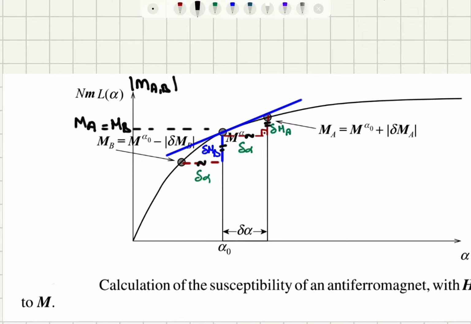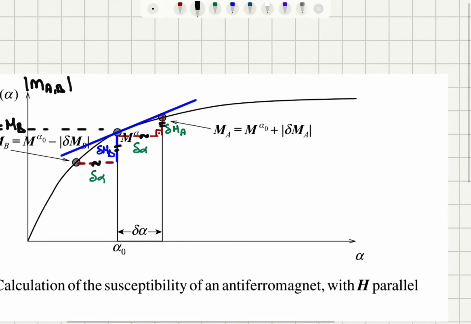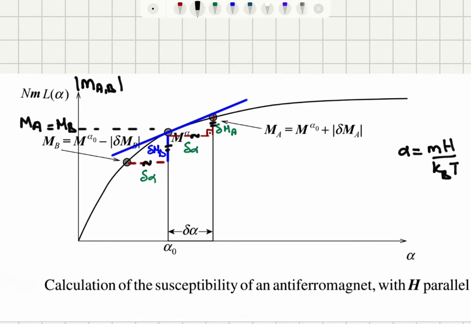Now the effect of applying a magnetic field is to increase this alpha value. Alpha, remember, is mH over Boltzmann constant times temperature. So when I increase the alpha value, MA will increase to MA plus delta MA. This will be the new value, the value at alpha 0 plus delta MA. On the other hand, the B sublattice magnetization decreases to MB minus delta MB. That's because we have the absolute value plotted here.